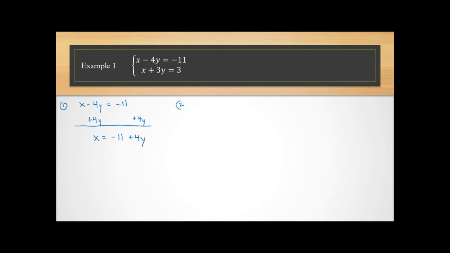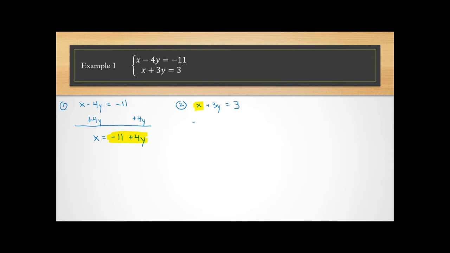So that's the first equation. The second equation we have is x plus 3y equals 3. So I'm going to be taking what I have solved here for x, the negative 11 plus 4y, and I'm going to plug it in for x in the second equation.